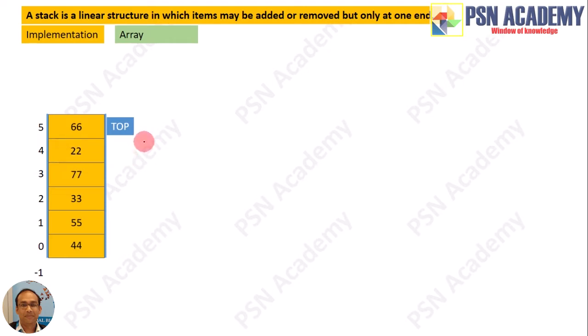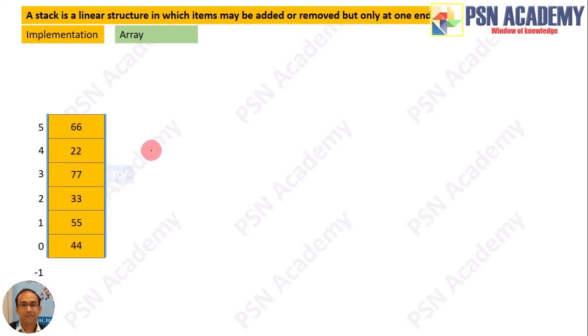Now during the pop operation, we should just decrement the top variable by 1, because top is the indicator of the topmost element of this stack. Though 66 is there inside the 5th cell, this is actually invalid in view of the stack. So the data 66 may be there, but since top is standing at the 4th index, we should consider that the topmost element is at 4 and that element is 22, right?